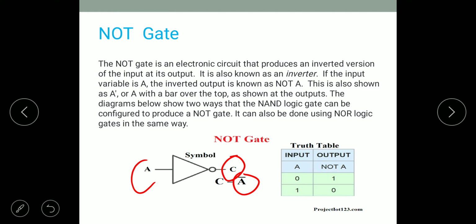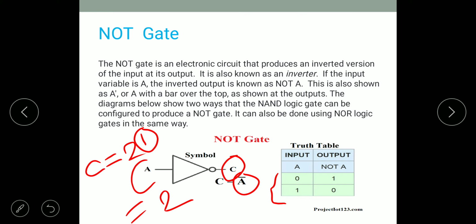So here the combinations is C equal to 2 to the power 1, because here the number of inputs is 1. So 2 to the power 1 is equal to 2. So here the input combinations is 2.